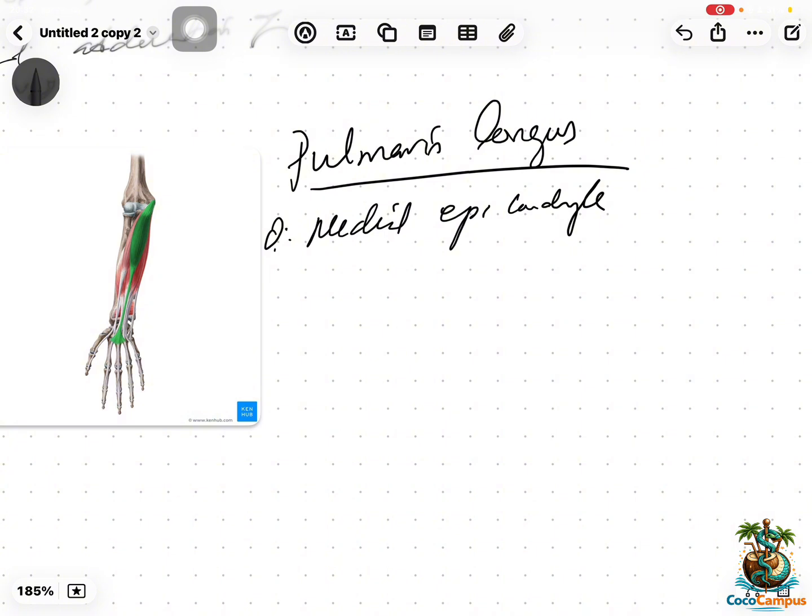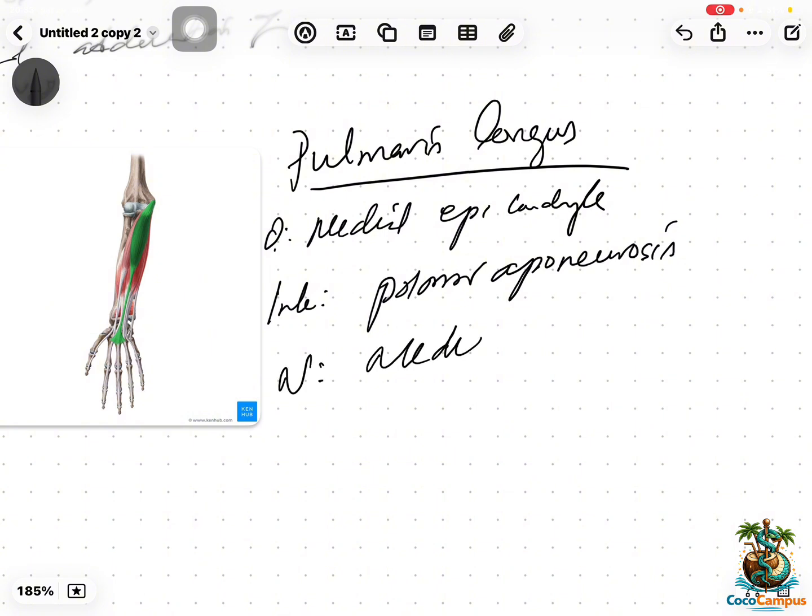However, the insertion is at the flexor retinaculum and the apex of the palmar aponeurosis. Next, we have the innervation. Once again, the median nerve, C7, C8.